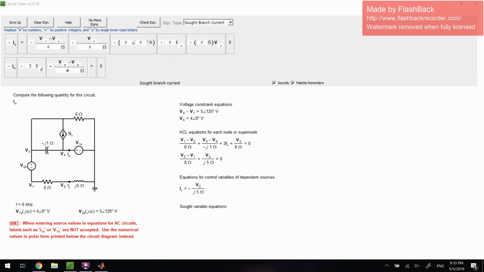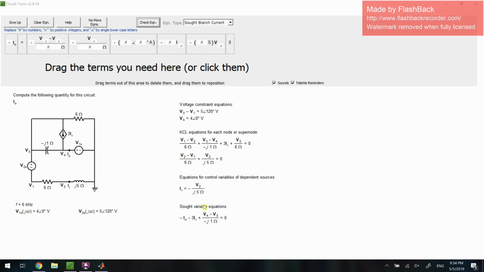So that would be negative I out, negative 3IX, because IX is pointing into V4. We want it pointing out for positive. And then the current given by the negative J1 impedance would be V4 minus V3, because again, current is moving out, over negative J1, equals 0. And that is an appropriate sought variable equation.